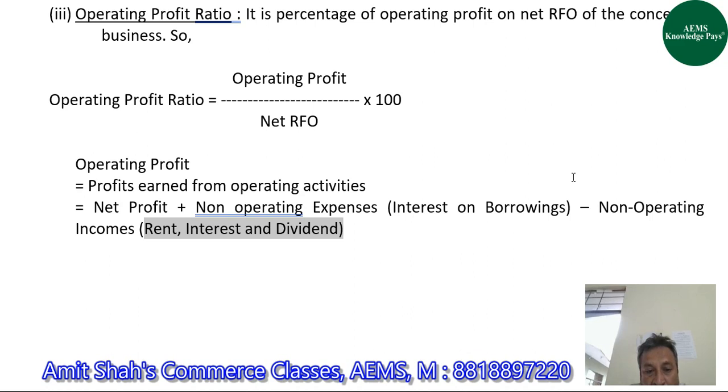They do not come from our business operations. They do not come from sale of goods and services. Rather, they are other than sale of goods and services, guys. So rent, interest, and dividend are our non-operating incomes. Since they have increased our net profit, that is why we are subtracting them from net profit to determine operating profit.